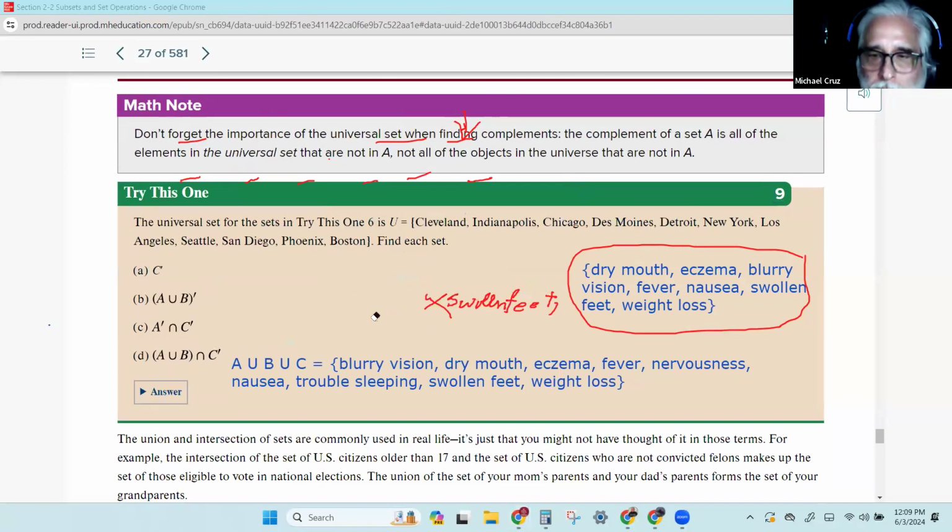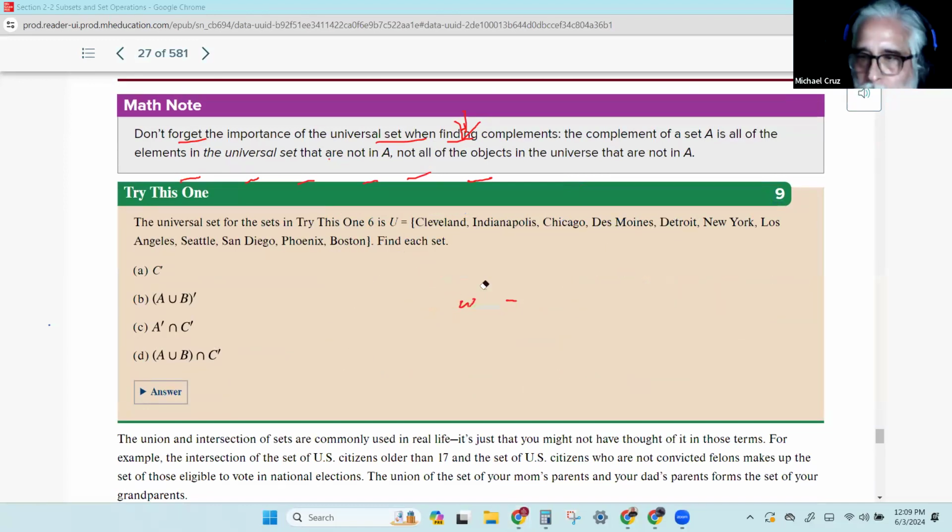just remember the complement. What the complement is, it's what's not in a particular set. I'm not sure where they're taken from.